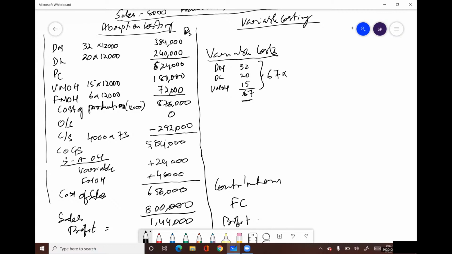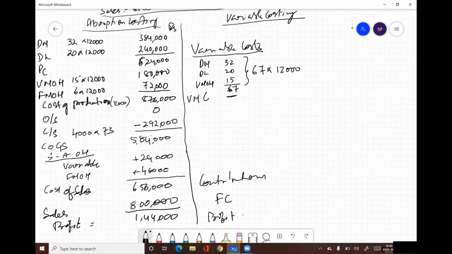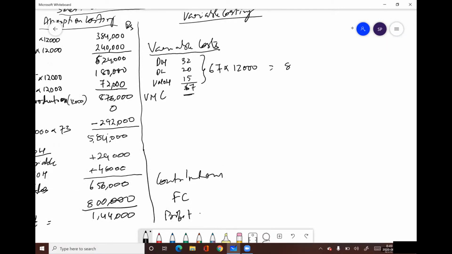Where is manufacturing cost? You manufactured 8 or you manufactured 12? 12,000, sir. So 67 into 12,000 is variable manufacturing cost. How much is that? 8,04,000. Guys agree?